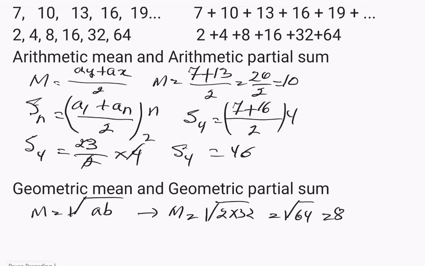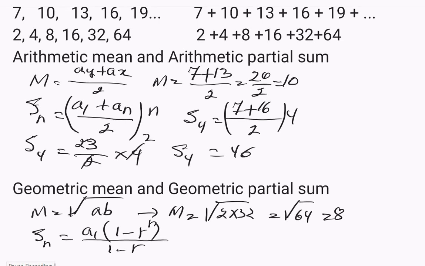Finite partial sum, geometric finite partial sum: S sub n equals a sub 1 times 1 minus r to the n, divided by 1 minus r.